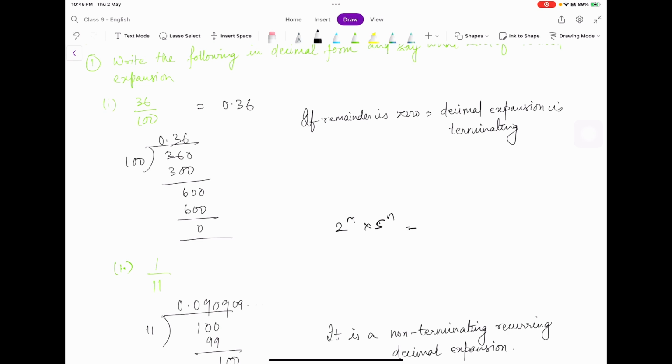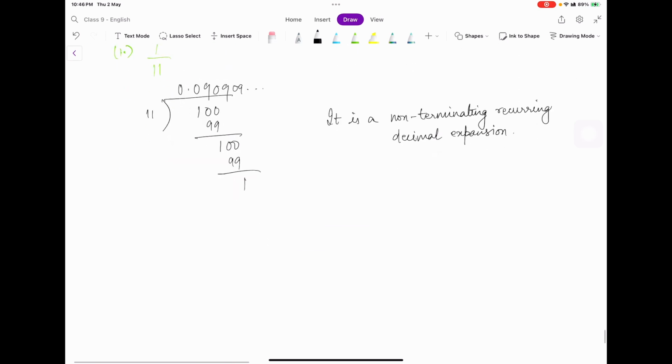This is a factor: 2 square into 5 square gives 100. So it is in this form, that is why it is terminating. Here it is not in that form, so it is not terminating.